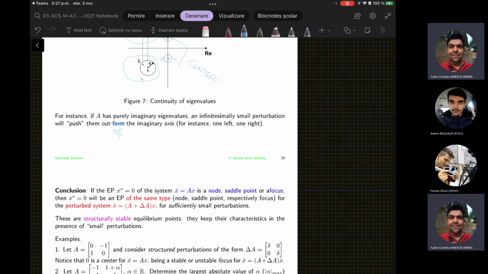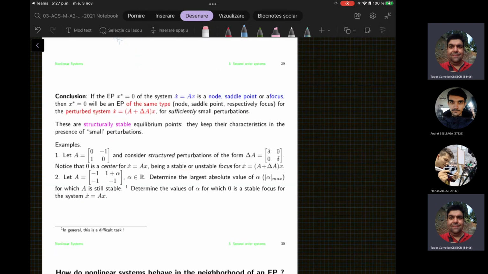For instance, one to the left and the other one to the right, which may be the usual case. Okay, so if the equilibrium point of the original system x dot is ax is a node, a saddle point, or a focus, then the equilibrium point will be of the same type for the perturbed system for any sufficiently small perturbations.